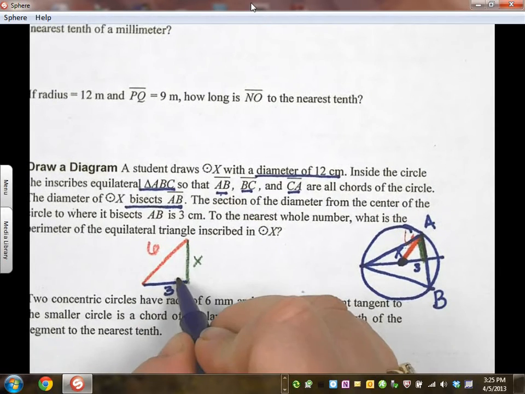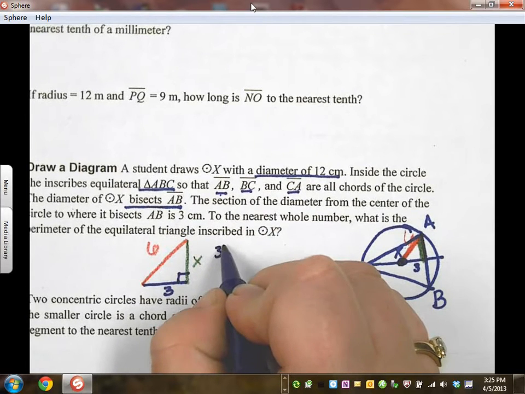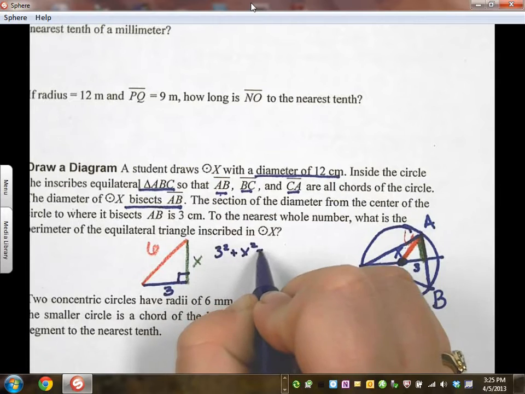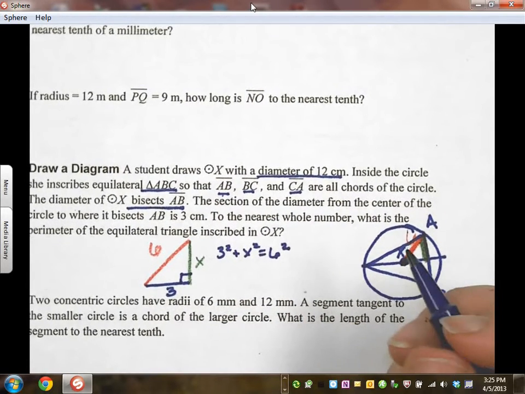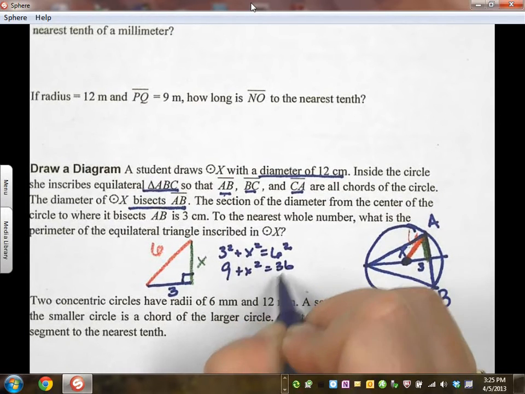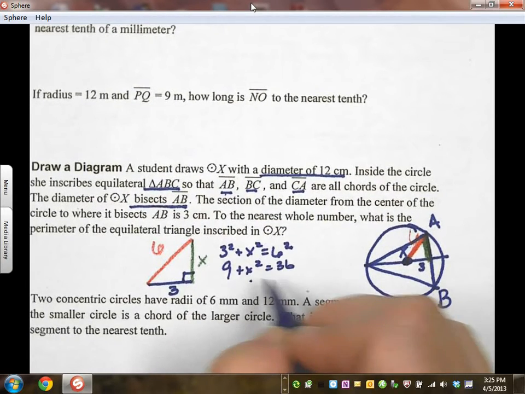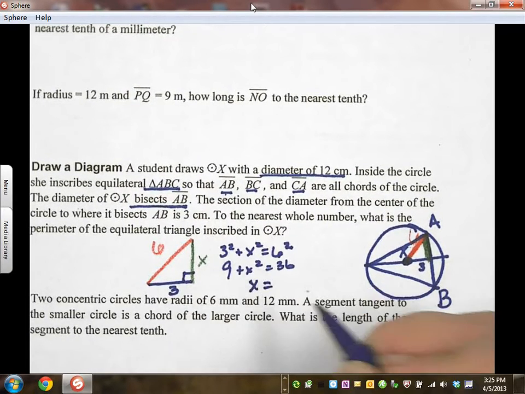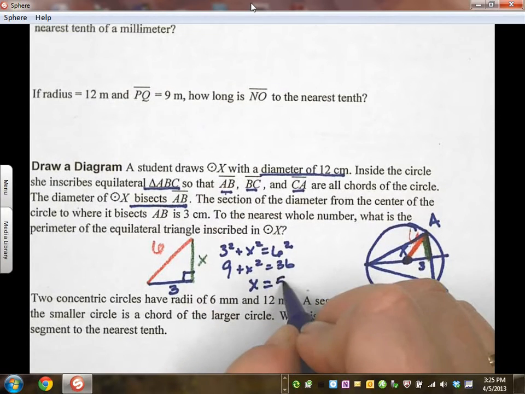We know that they intersect at a right angle, so 3 squared plus x squared equals 6 squared. When you solve all of this, 9 plus x squared equals 36. I'm just going to go ahead and do the whole thing. You would subtract and then take the square root, but we know x equals 5.2.